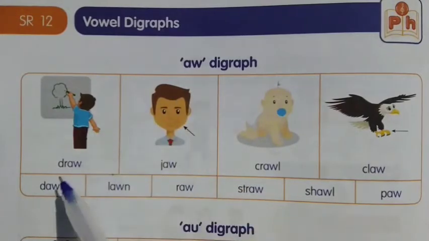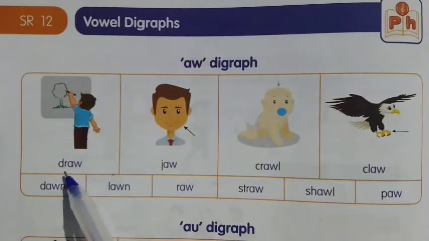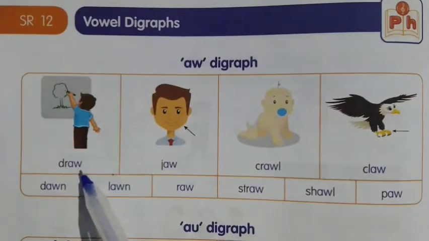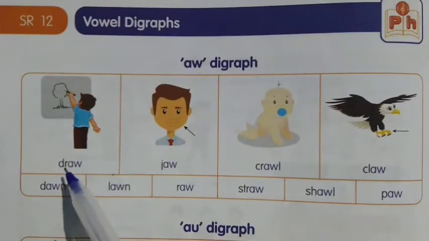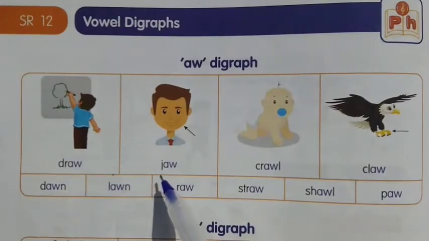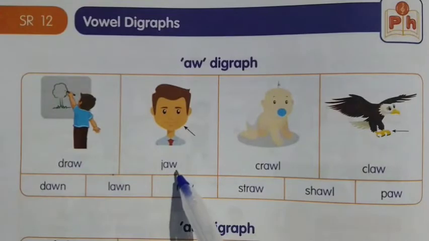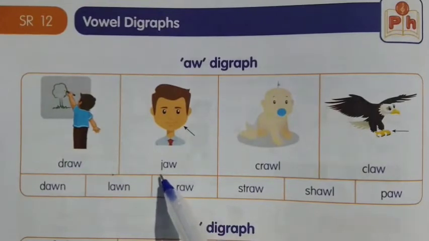Look at this first word. What is the beginning sound of this word? D. R, a. Draw. J, a. Jaw.